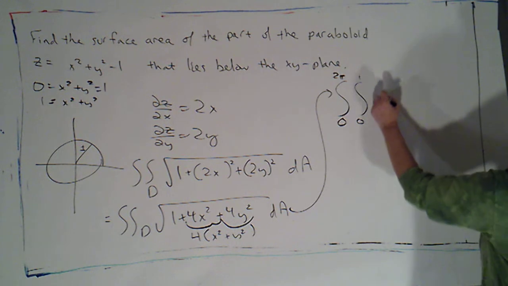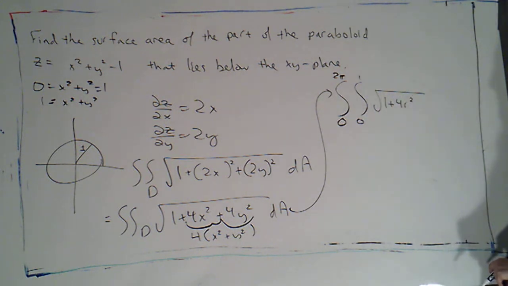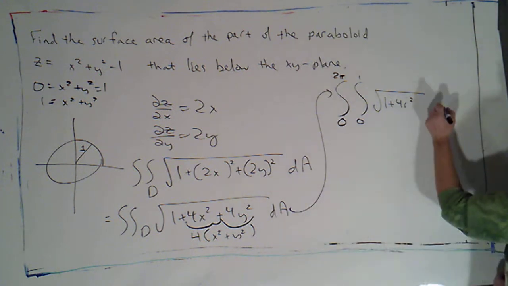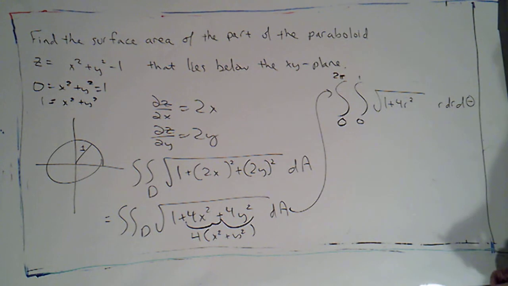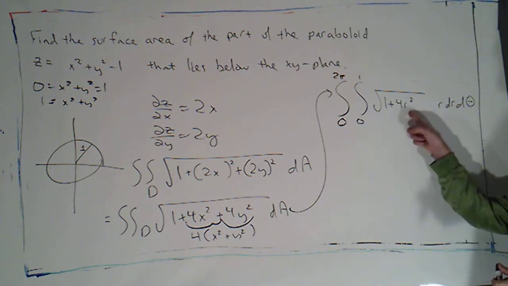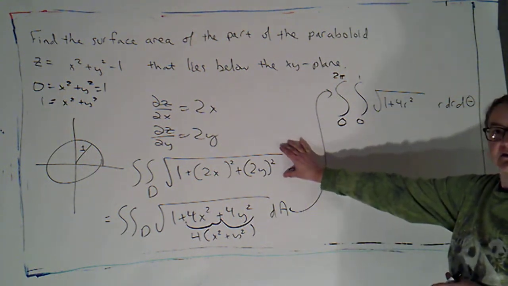So what we're integrating is the square root of 1 plus 4r squared, but then my dA becomes an r dr d theta.